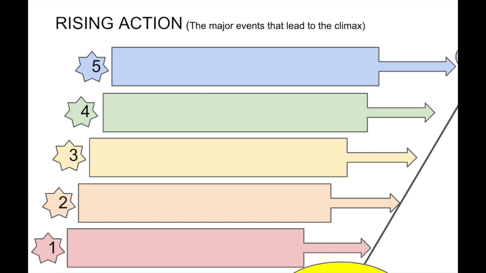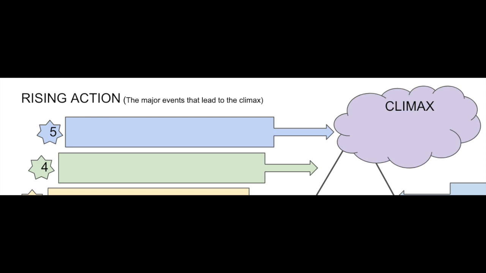And you can probably guess already what some of those are, with Ponyboy getting beaten up by the Socs, the conflict with Johnny in chapter 4, and it's just mounting and mounting, and that will eventually lead to the climax of the story, which is that purple cloud at the top of the page.